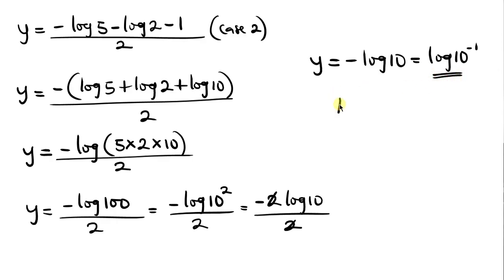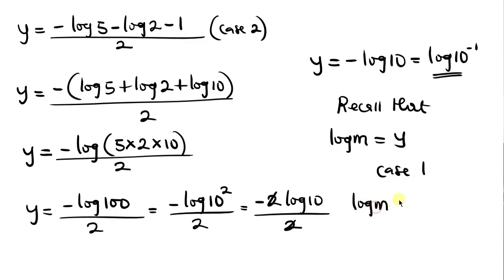Now recall that we said log m is equal to y, right? Cool. Now let's start with case 1. So for case 1, we have log m equal to the value of y for case 1, which is log 2.